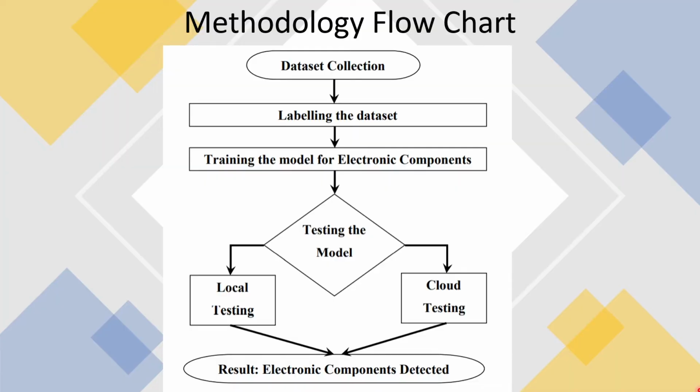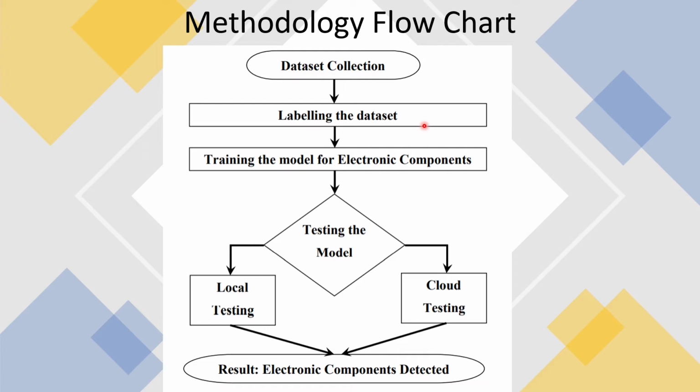Now let's see the working methodology of our project. Firstly, we collected a huge amount of images of electronic components that acted as the data set of our model. Next, to make this data set workable, we labeled it. We used some labeling software and drew bounding boxes around the objects to specify that this object is present in this image at that particular location.